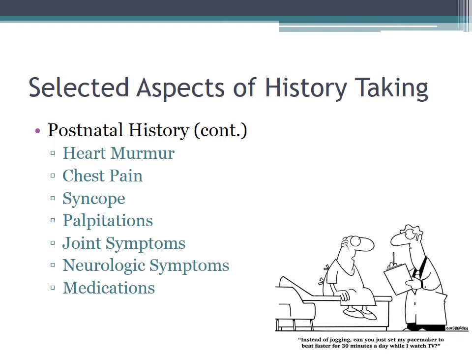Neurologic symptoms: a history of a stroke suggests thromboembolism secondary to cyanotic congenital heart disease with polycythemia or infective endocarditis. In the absence of cyanosis, stroke can be rarely caused by paradoxical emboli of a venous thrombus through an ASD.